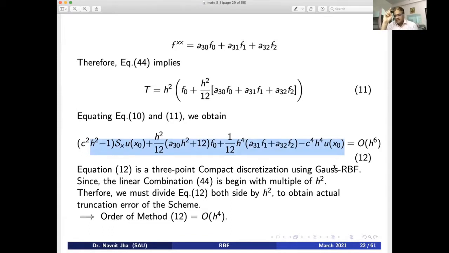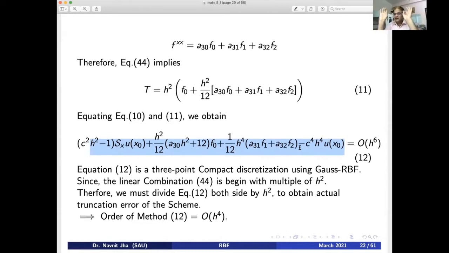Order of the scheme means the accuracy that we achieve when we compute on different numbers of mesh points. Moreover, this equation 12 involves f0, f1, and f2, where f0, f1, and f2 involve only u0, u1, and u2.